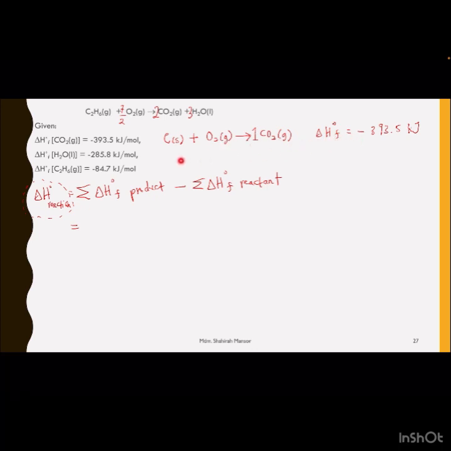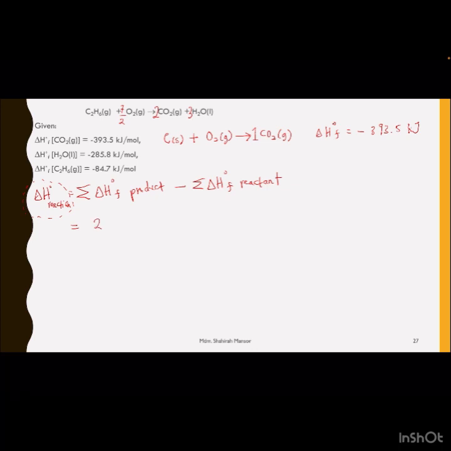Now, in this kind of example, we will simply use these values in the summation formula. You don't have to expand these values into their thermochemical equations. For the products, we have carbon dioxide and water with their respective stoichiometric coefficients. So please include the stoichiometry in our formula as well.